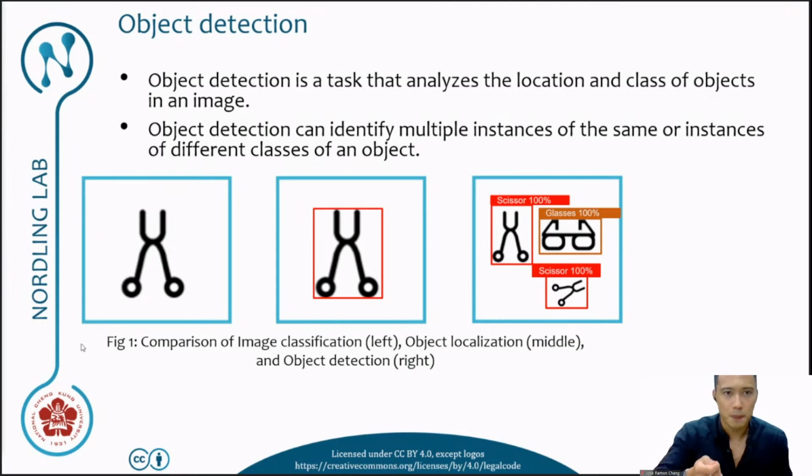Typically, the item will be a large portion of that image, so that it can tell you that, okay, this image is mostly a scissor, right? Then we have object localization, which tells you, okay, I know that in this image there is a scissor, and I want to know where this scissor is in this image.